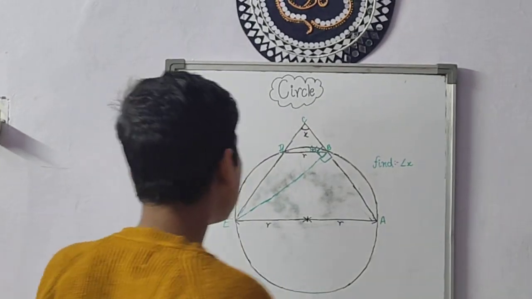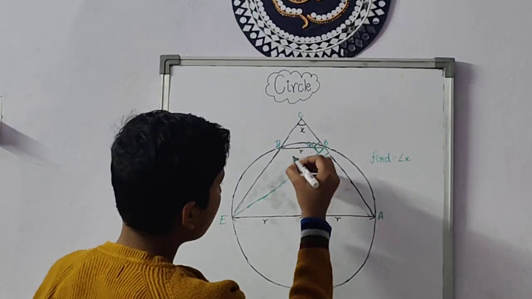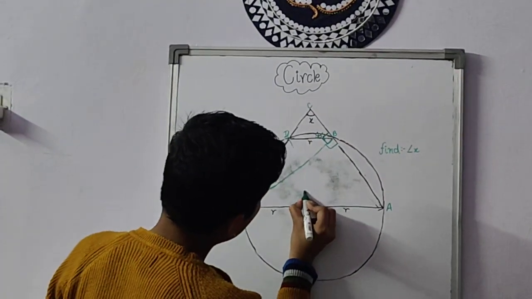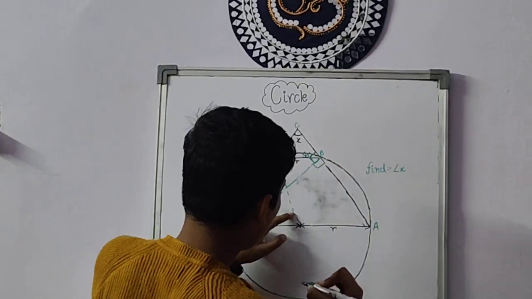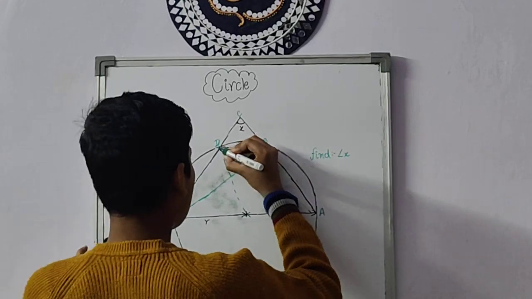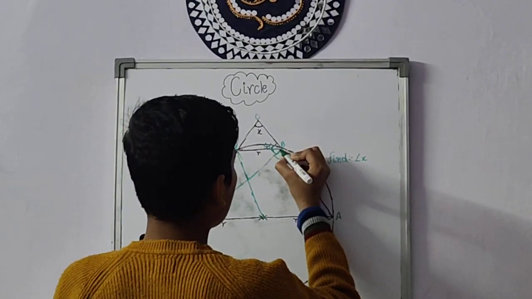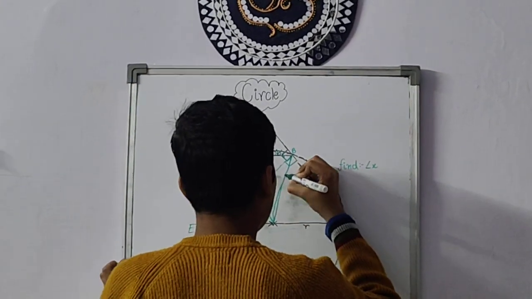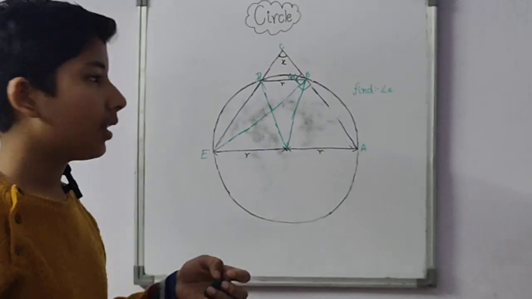Okay, so now one side is 90. Now if you see this, we'll make one more which will be touching this part. So I've made this.